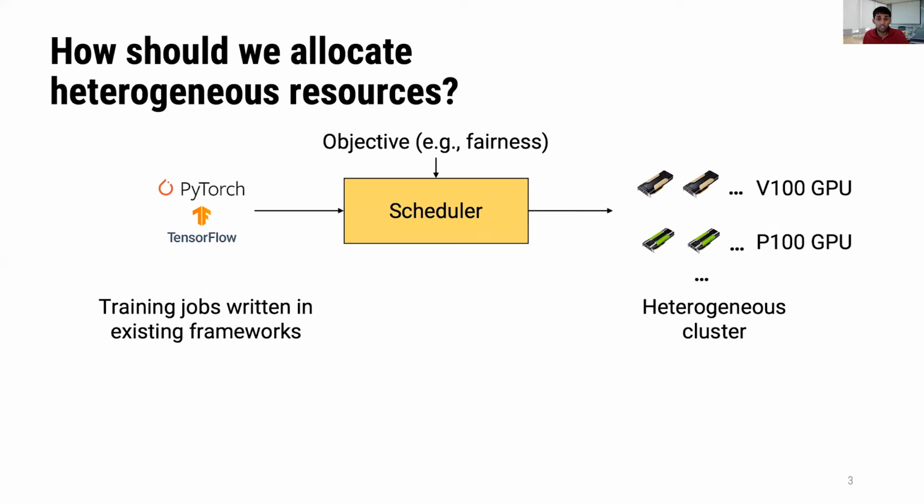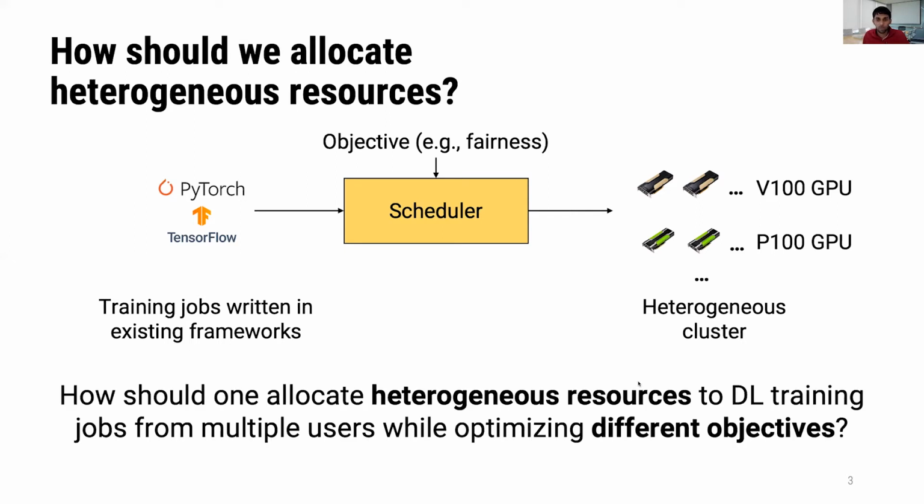This is challenging to do in practice, and users might just defer to using the fastest resource type available. This can lead to an ineffective use of resources, since slower resource types will seldom be used. Instead, in this work, we try to show how a scheduler can do better by dynamically allocating heterogeneous resources to a given set of training jobs.